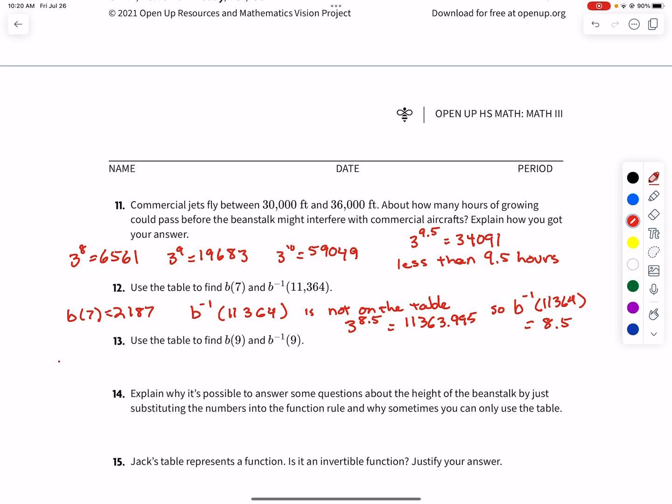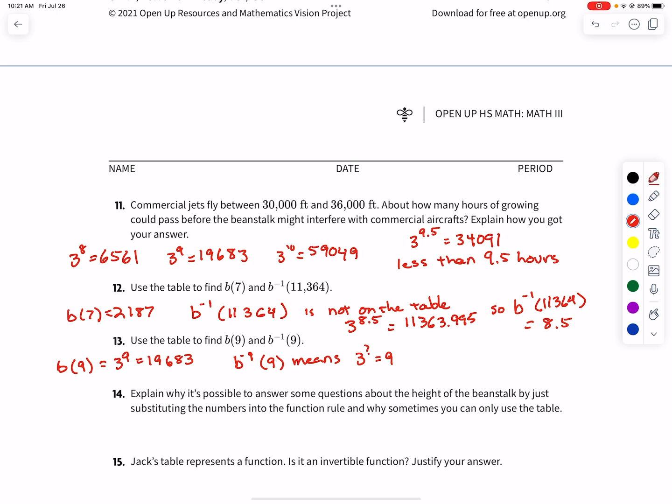Okay, b to the 9, we already found. Oops, b of 9. And b inverse of 9 is 3 to the what gives you 9.